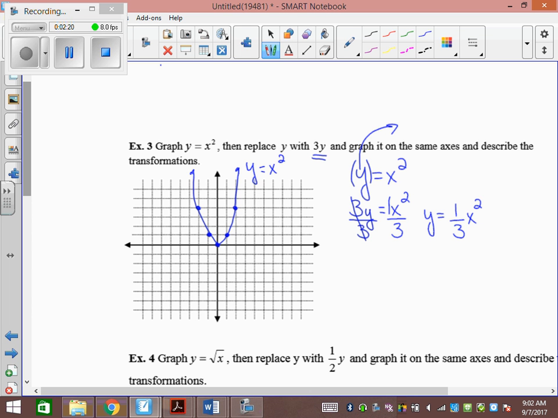So I'm moving points. I'm going to use mapping. And then it also wants me to describe the transformations after. So xy is going to become, is there anything done to my x here? No. So my x is going to stay the same. And my y is going to be 1/3 y.